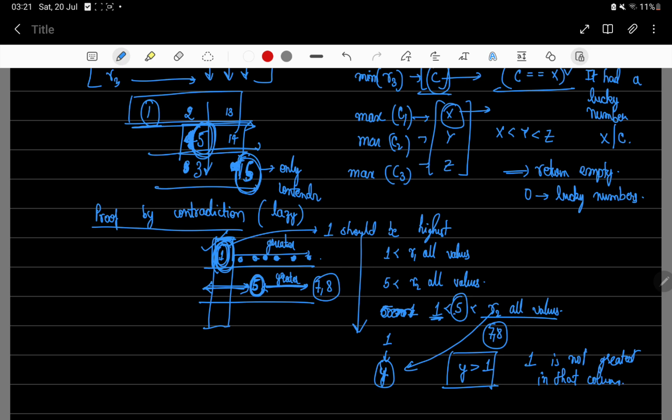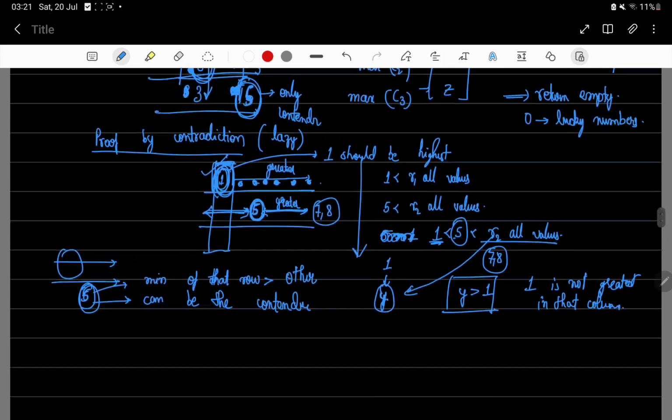So if by chance I have in any other row a number which is greater, the minimum number, this is the minimum number of that row, minimum of that row is greater than other rows, then only this can be the contender.